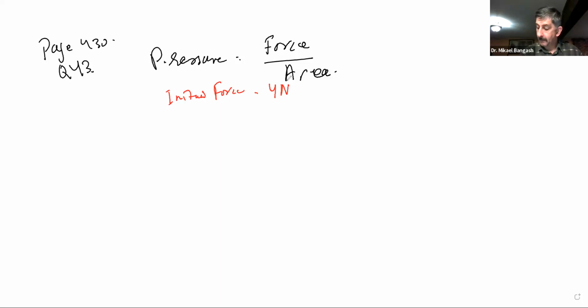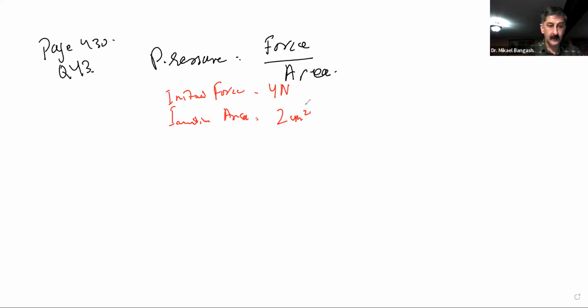And it's applied onto an area. So we can say the initial area is, let's just say, 2 centimeters squared.